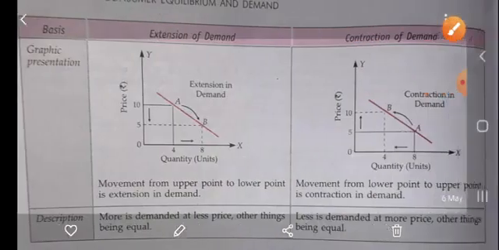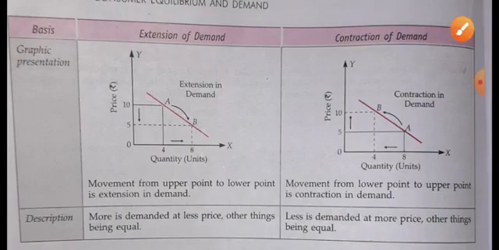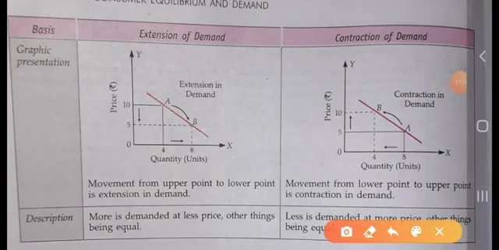Okay, now the next is graphical presentation. You know very well that in the extension and the contraction of demand, there is movement along the same curve. Movement along the same curve means that the upper point as well as the lower point is moved from one place to another. In the case of extension of demand, the upper point is moved to the lower point.